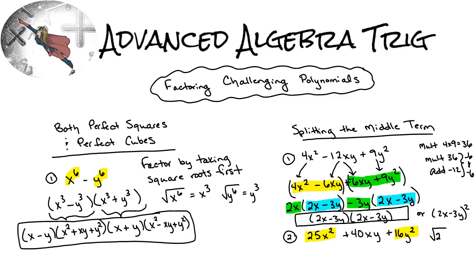The square root of 25x squared is 5x. The square root of 16y squared is 4y. Now if I take the 5x times the 4y, that's going to be 20xy.